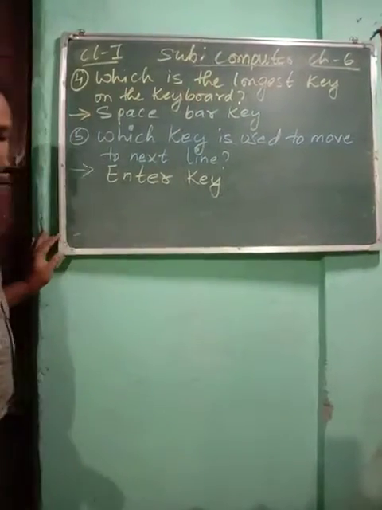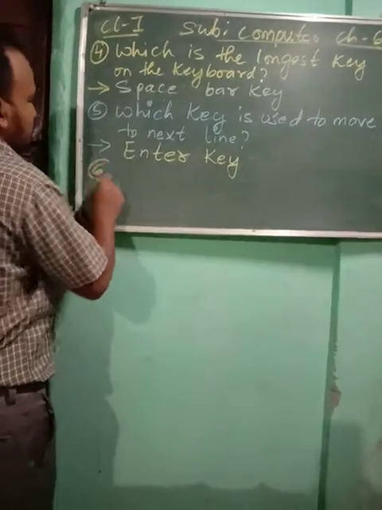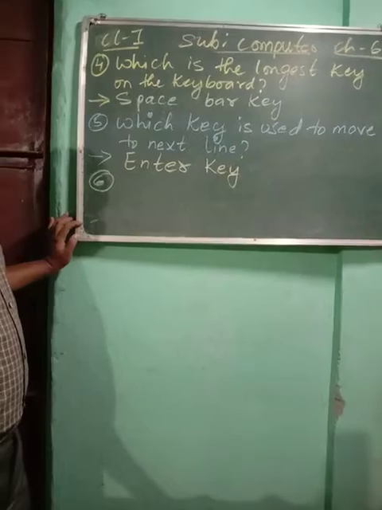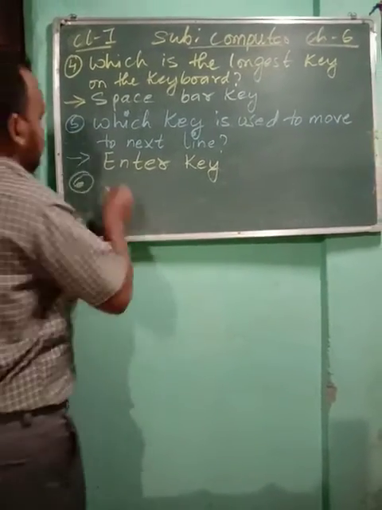Now children, number 6. Which key is used to erase on the left side of the cursor?